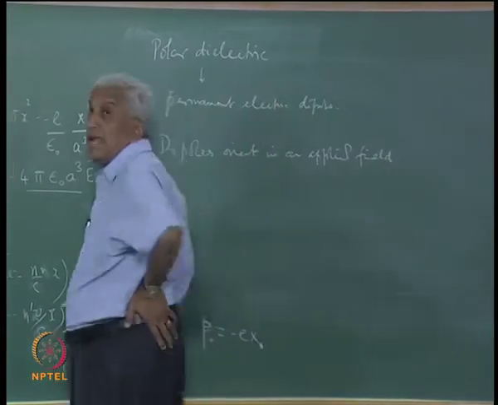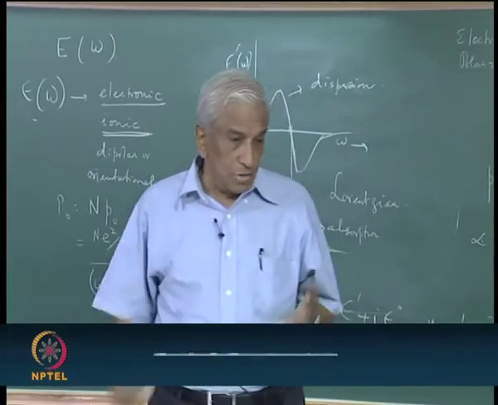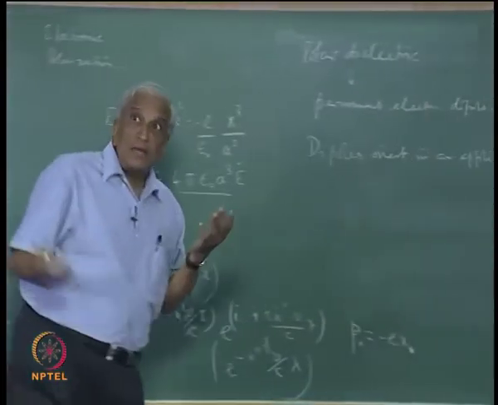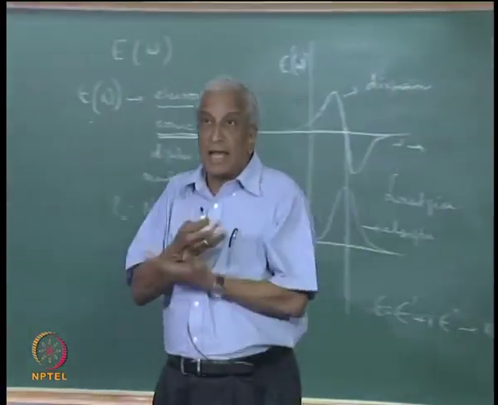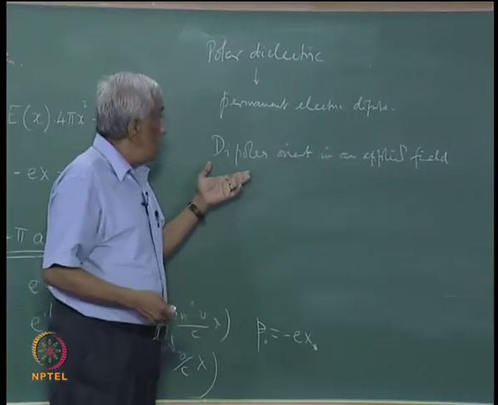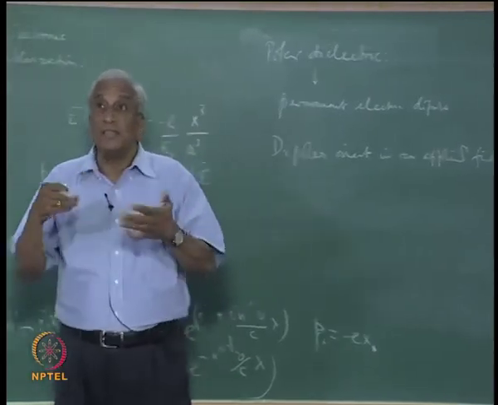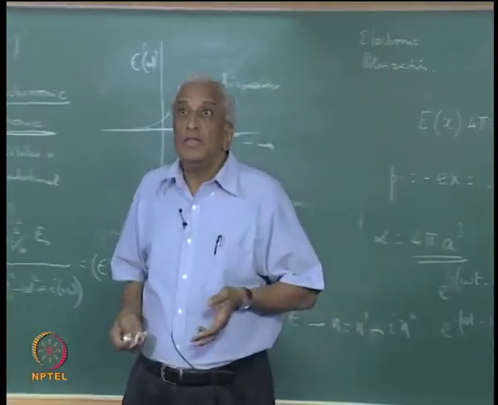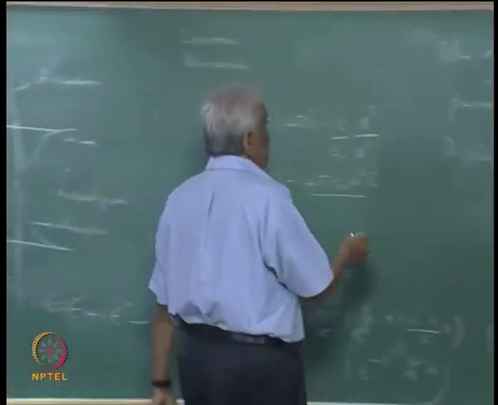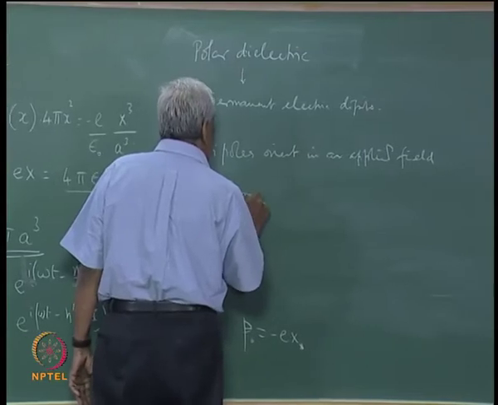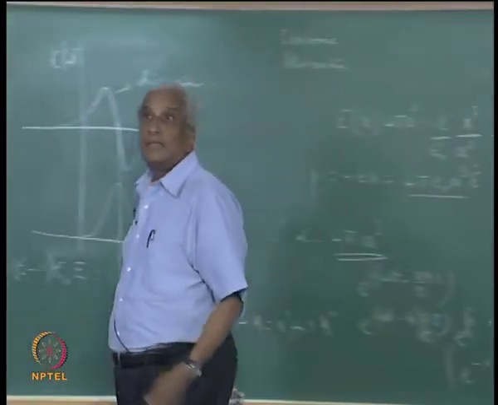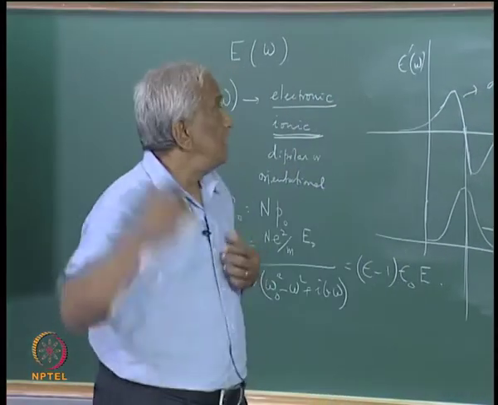So, it is this orientation which gives you the polarization in these cases, because as they orient more and more, getting aligned along the electric field, the polarization increases. Now, this orientation tendency is opposed by the thermal energy. The system has thermal energy which always leads to disorder of the dipoles.